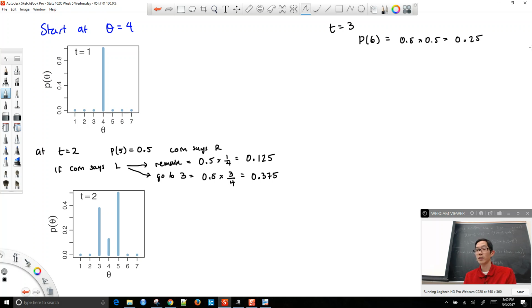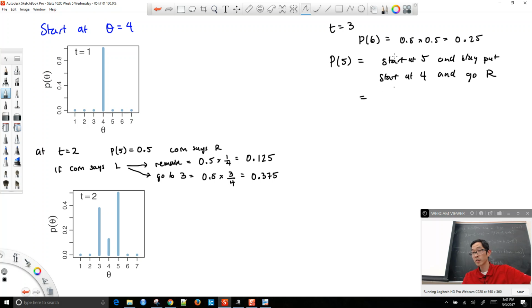Yeah? Okay. What are the ways we could end up at location 5? There are 2 ways to end up at 5, right? We can start at 5 and stay put, or start at 4 and go right.